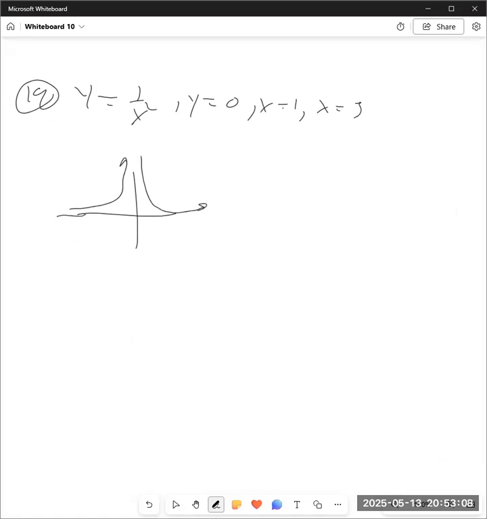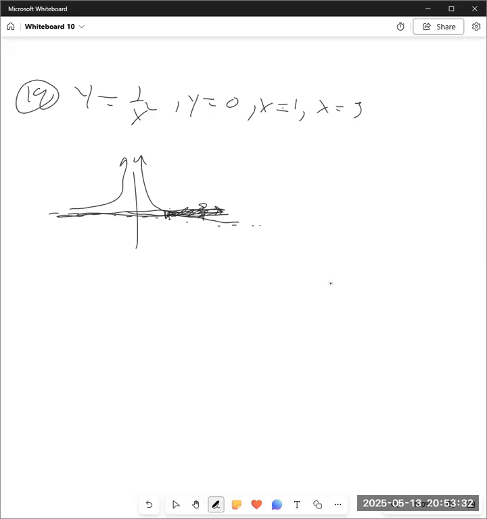Okay, so let's look at number 19. Number 19 is y equals 1 over x squared, y equals 0, x equals 1, x equals 5. Quick sketch. Both sides are above the x-axis and approach the horizontal asymptote y equals 0 here. I'm only interested in 1 to 5, which is this little area right here.